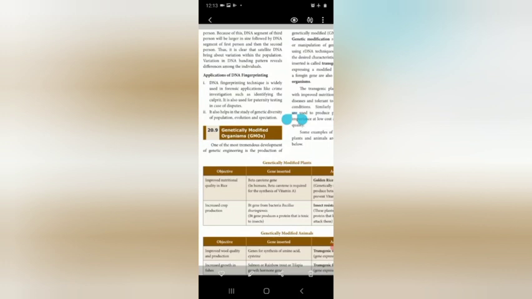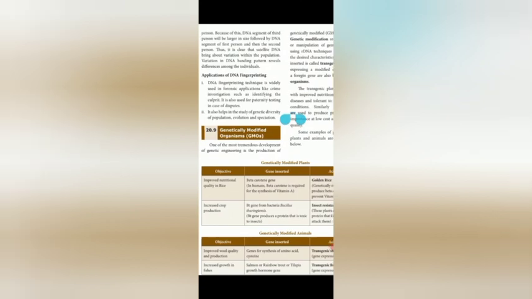Next one, increased crop protection, which gives a higher yield. The BT gene, that means the beta toxin gene, comes from the bacterium Bacillus thuringiensis. This Bacillus thuringiensis bacterial gene produces a toxic substance against insects. If an insect attacks and causes some disease, that toxin is removed by the gene called the BT gene.